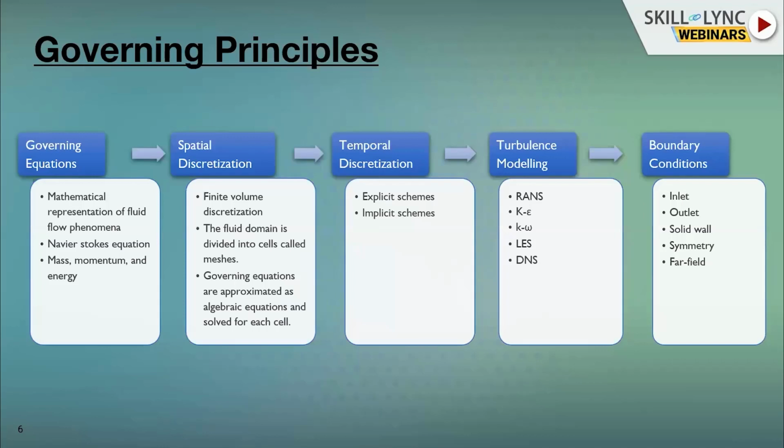For our computational fluid domain, we can specify the boundary, which will be the representation of the actual values in the actual problem. So there are different boundary conditions, like inlet boundary condition. The inlet boundary condition could be a velocity inlet or pressure inlet or mass flow inlet. So depending upon the problem, we have to arrive at the right boundary conditions.